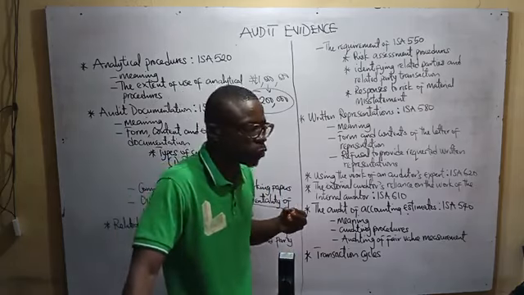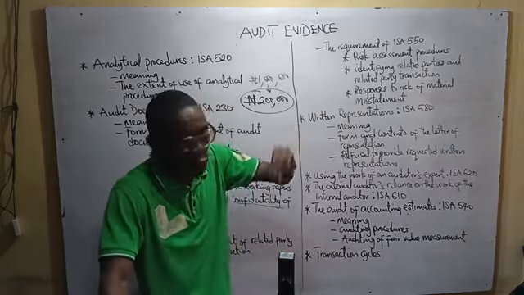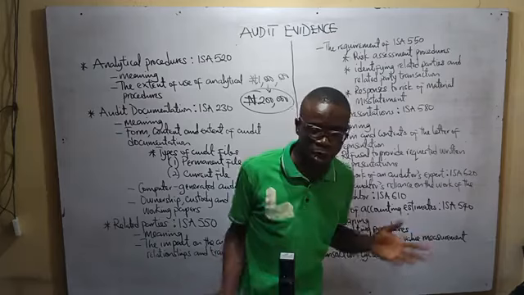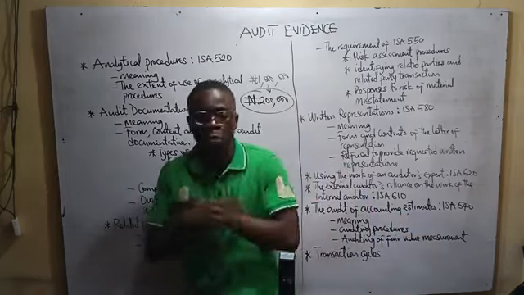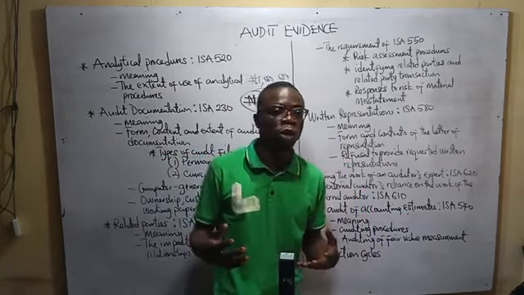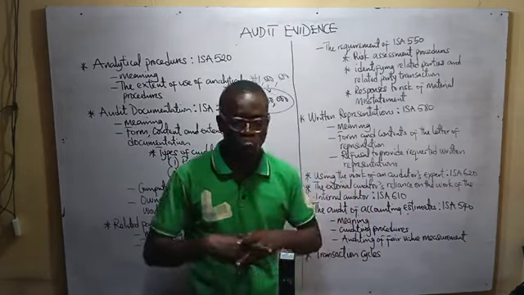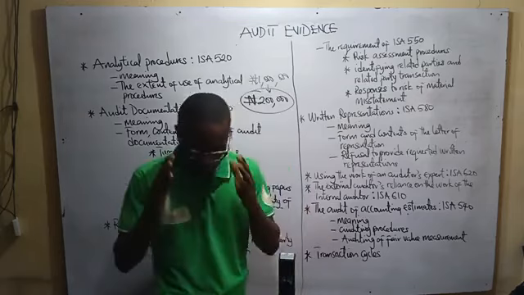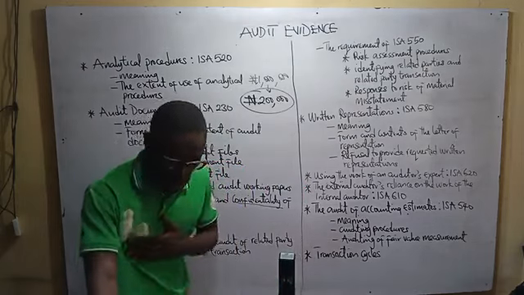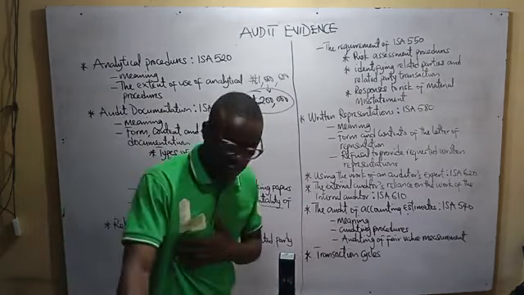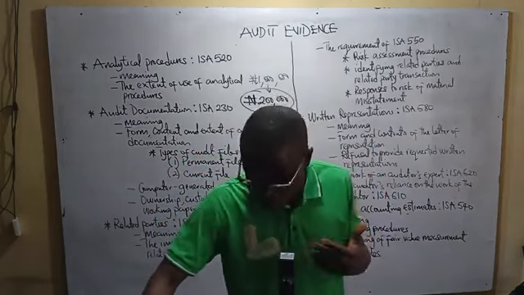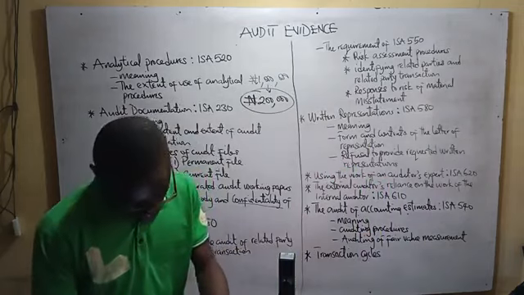That means the cost that you will incur for a litigation settlement. You don't know the amount the judge will pronounce that you should pay as penalty, or how much they will award to you as compensation. It's also under accounting estimates. Outcome of a long-term contract is an example of accounting estimates.